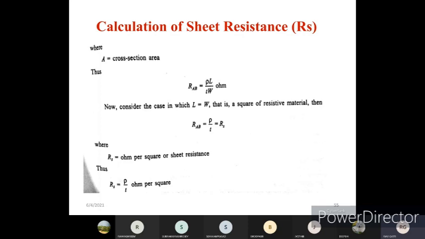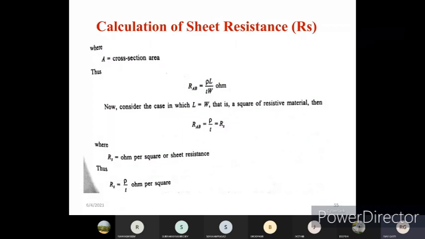So the sheet resistance expression is rho divided by T. From the expression itself, you can say that the sheet resistance does not depend upon the cross-sectional area. It depends directly on the resistivity of the material, and indirectly on the thickness of the material.